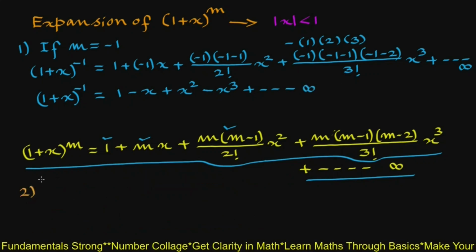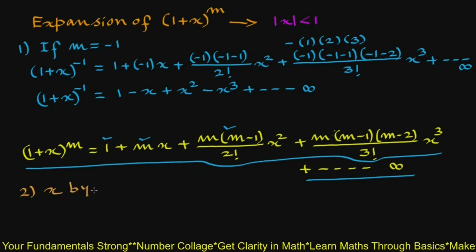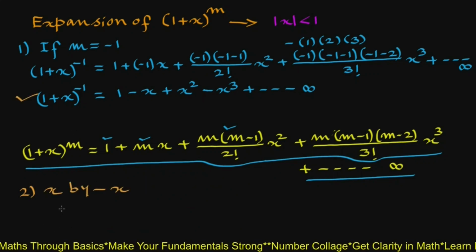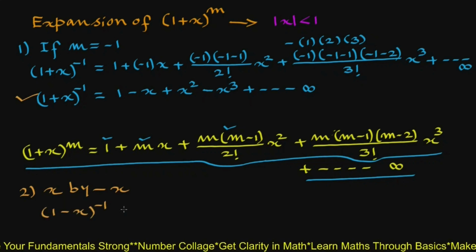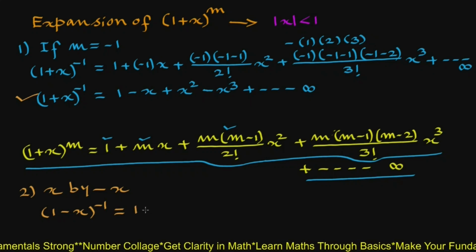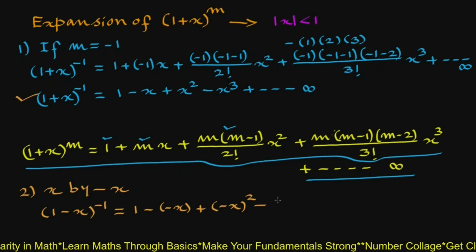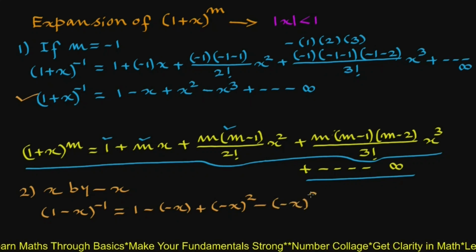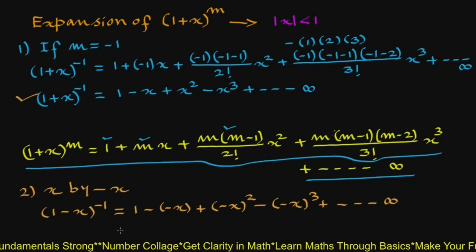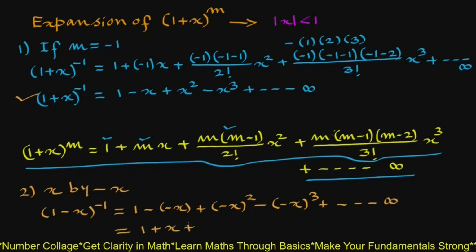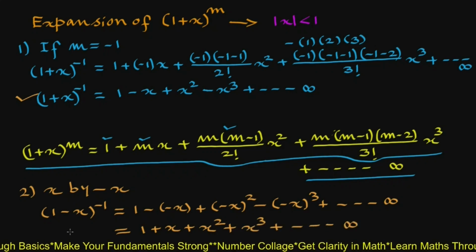Secondly, we will make a small change by replacing x by minus x in this expansion. So that gives (1 - x)^(-1) = 1 + x + x^2 + x^3 + so on and so forth up to infinity.